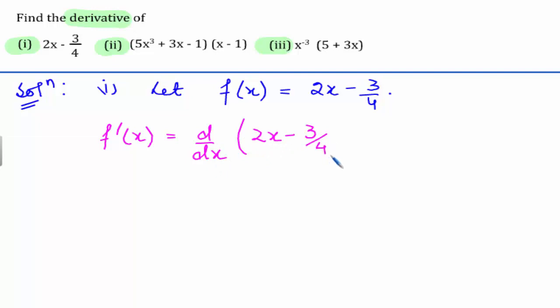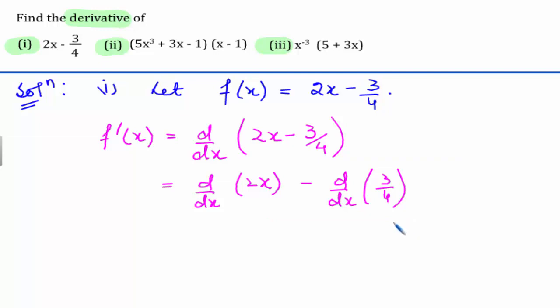Now this is equal to derivative of 2x with respect to x minus derivative of 3 upon 4 with respect to x, and this is because derivative of the difference of two functions is the difference of the derivatives of the function. Now this is equal to 2 times the derivative of x, taking the constant outside the derivative, minus derivative of the constant function with respect to x is 0.